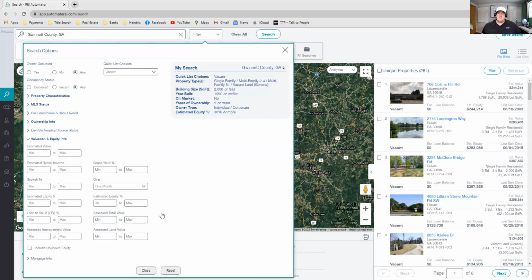So that's going to come out of any potential equity that you're trying to give your cash buyers, or if you're fix and flipping it yourself, the equity that you're getting into the deal automatically, and that's essentially going to decrease your profits.